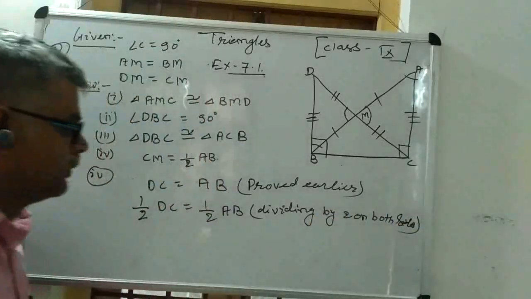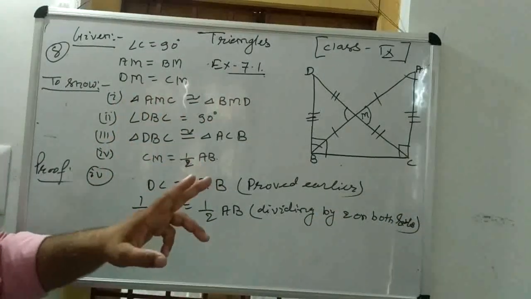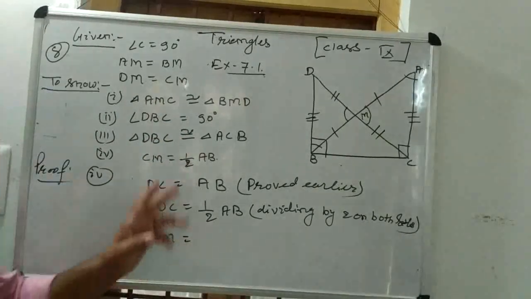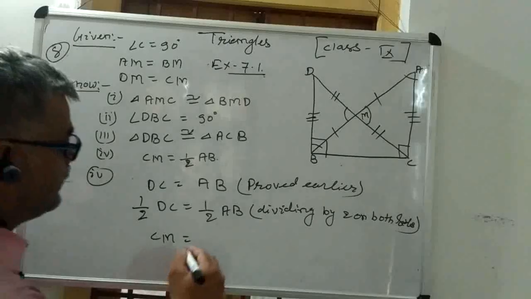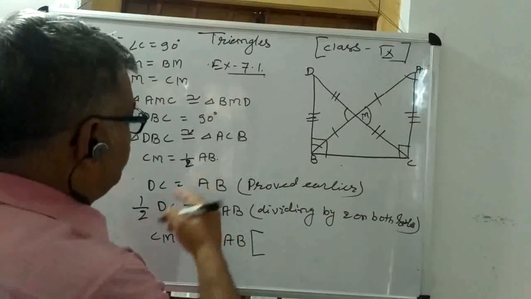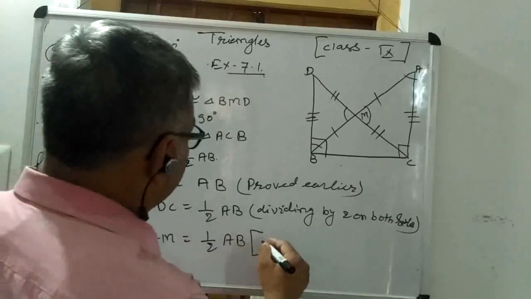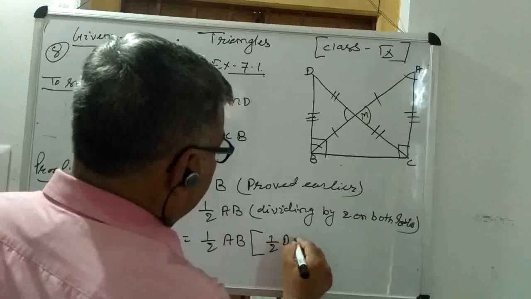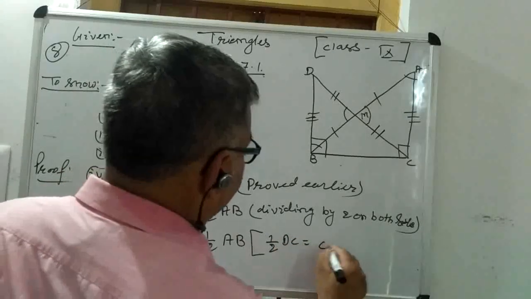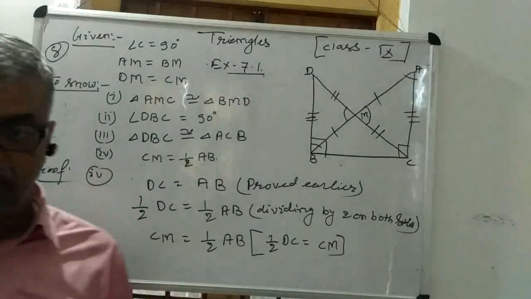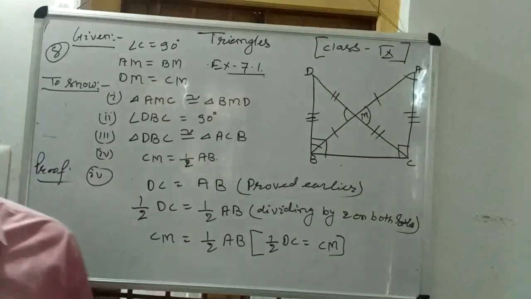So half of DC is what? CM. Half of DC equals CM. That is equal to half of AB. Because we have already that half of DC is equal to CM. So in this way your fourth part has also been proved.